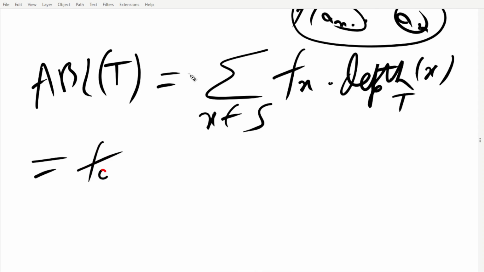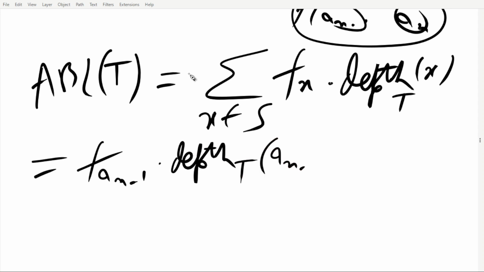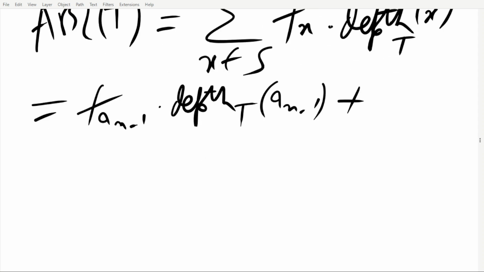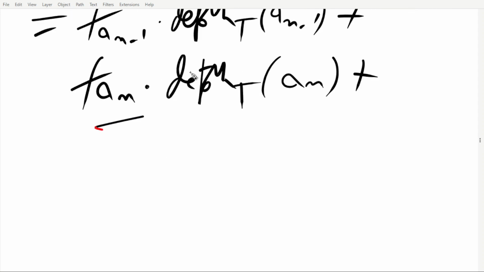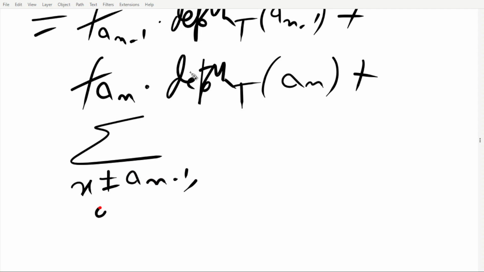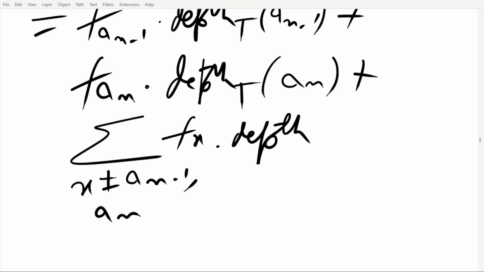So f an minus 1 multiplied by depth of the corresponding node in t an minus 1, plus the other node is an, depth of node an in tree t, plus the remaining expression which is identical for both trees, sum of all x not equal to either of these an minus 1 and an, fx times depth in t of node x.